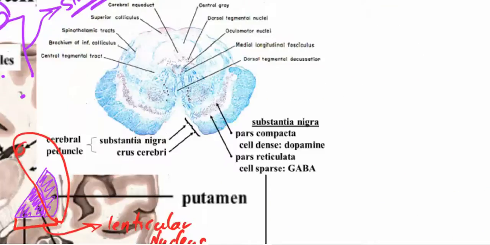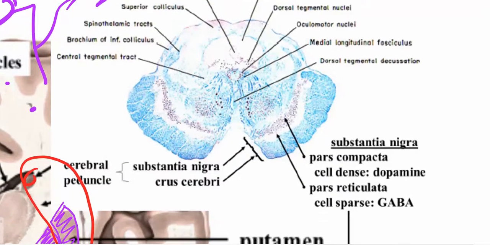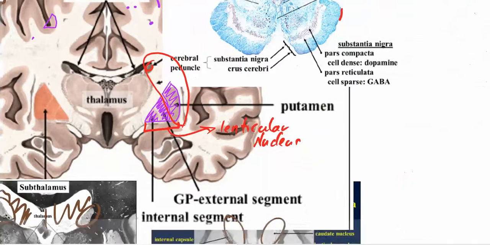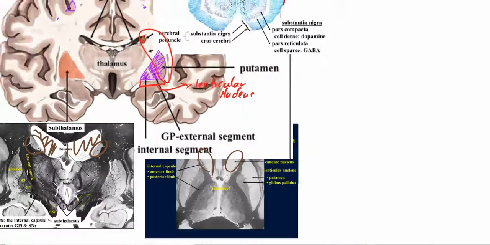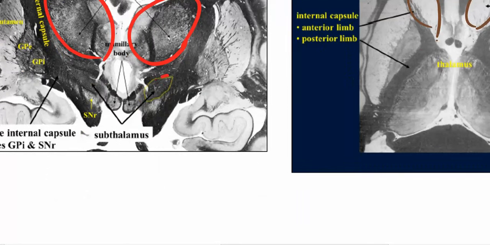Okay, so here goes the cross section. First of all, here goes our thalamus. Now, this is the subthalamic area, so below the thalamus. And right below that, right here, we have our substantia nigra reticularis.